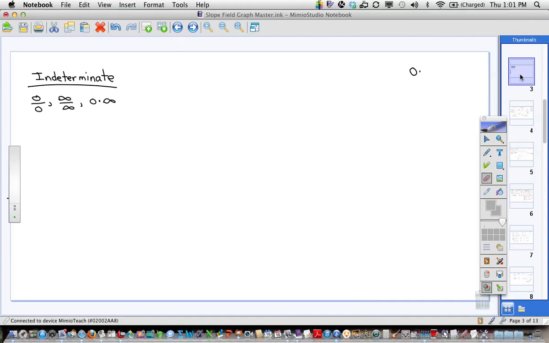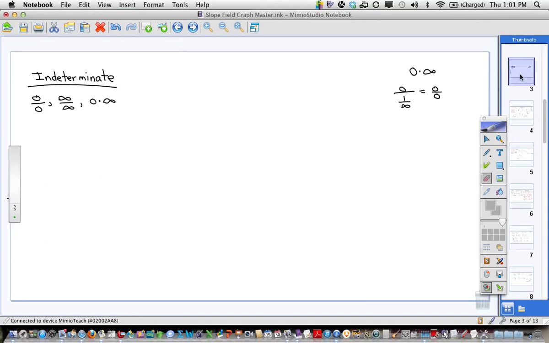If I have 0 times infinity, you know the old rule about dividing is the same as multiplying by the reciprocal, right? So one way to write 0 times infinity would be 0 divided by 1 over infinity. Wouldn't that be the same? And wouldn't we just get that saying 1 over infinity is essentially the same as 0? So this would essentially be 0 over 0.